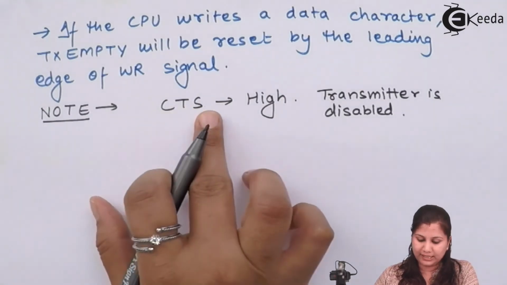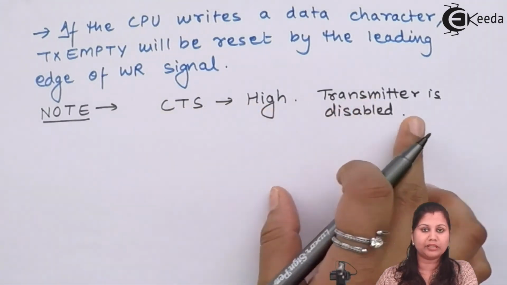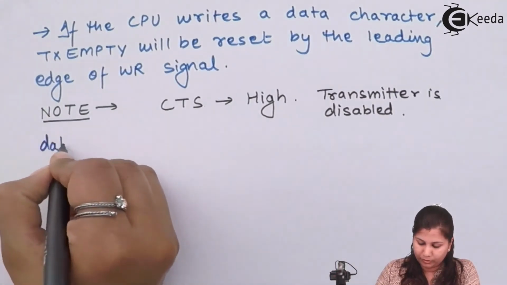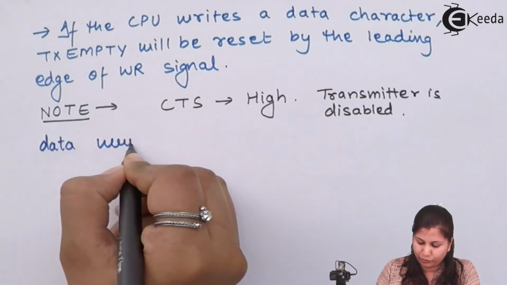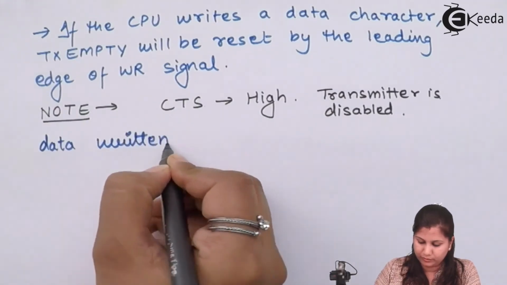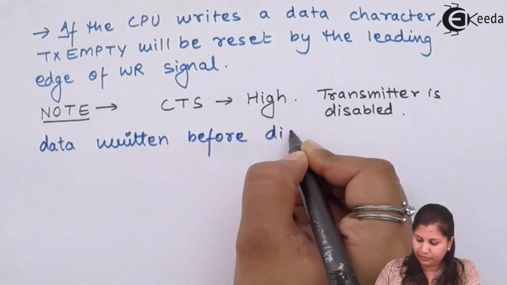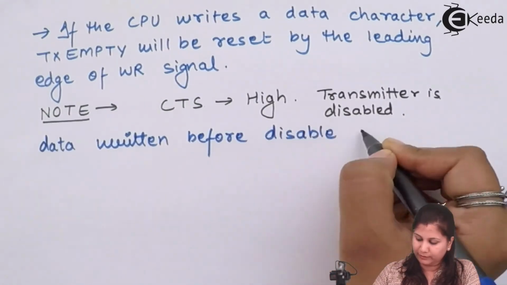So when CTS is high and the transmitter is disabled, data written before disable will be sent out.